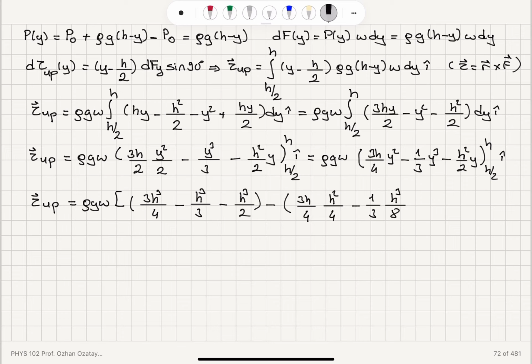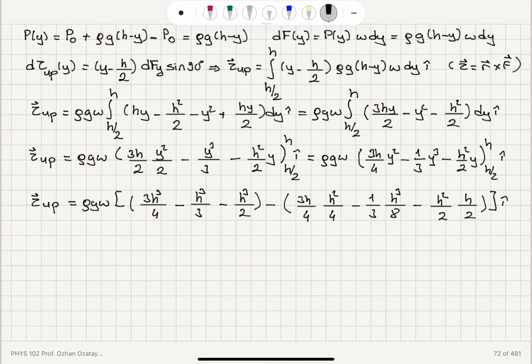And then I will have minus h squared over 2 multiplied with h over 2. And this is in the I hat direction.